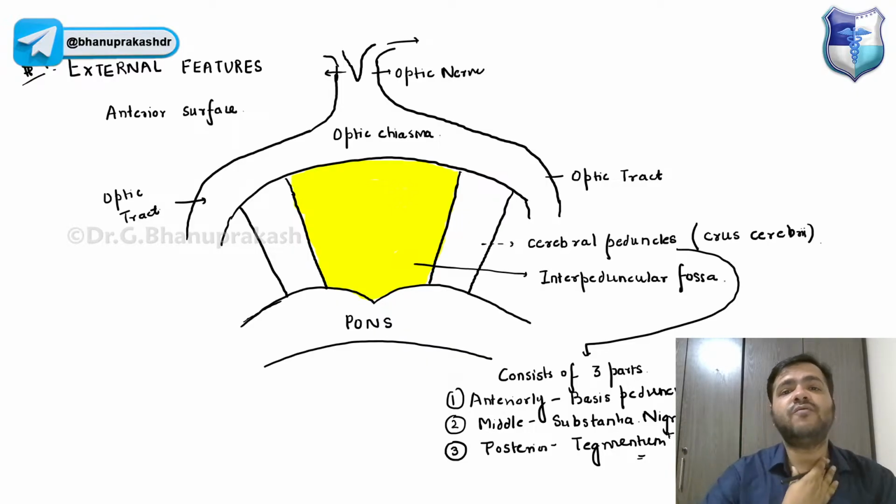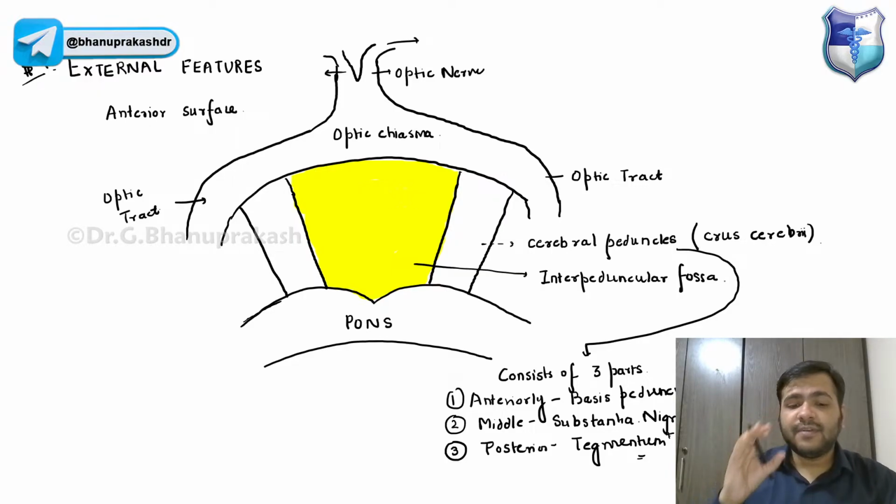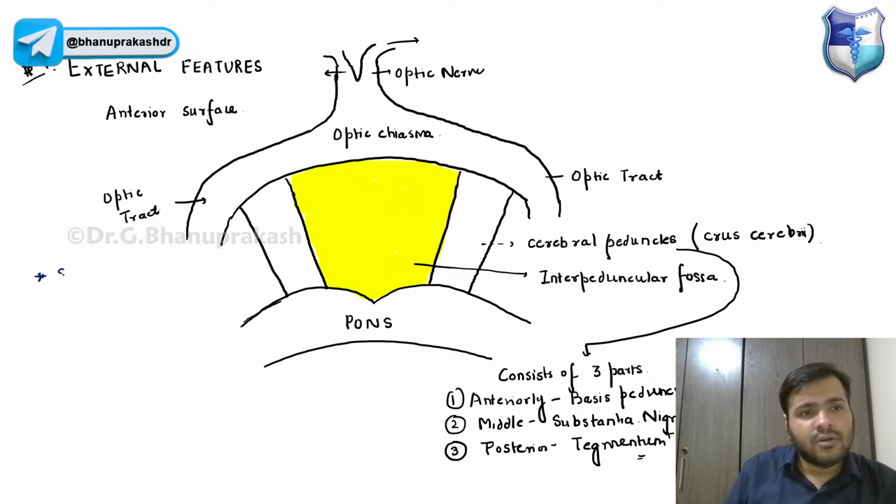Now, guys, there is one more viva question that comes in the exam. Which are the structures crossing the ventral surface of the cerebral peduncle?